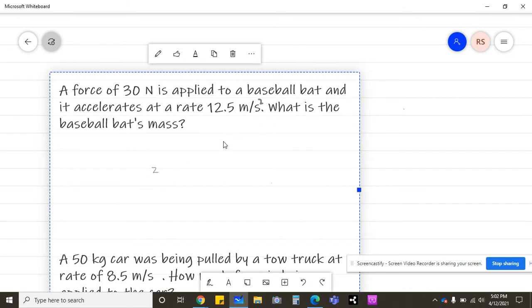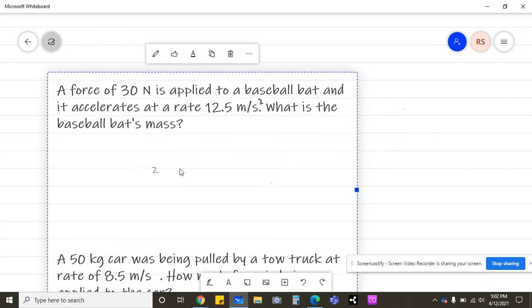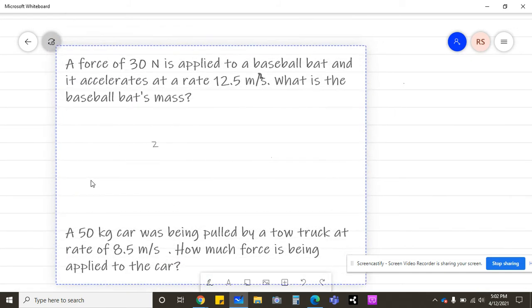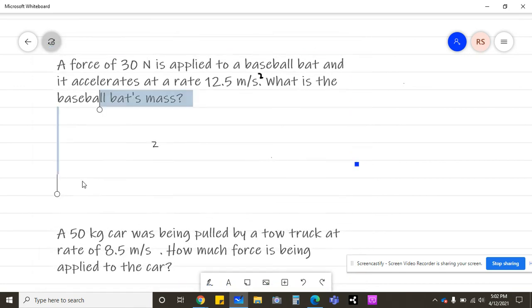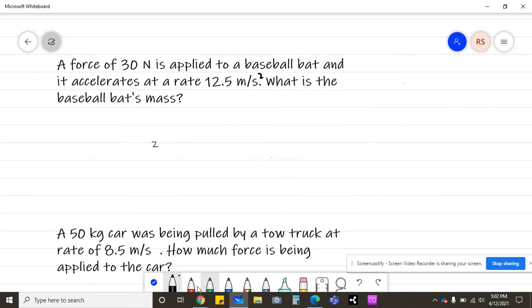So a force of 30 newtons is applied to a baseball bat and it accelerates at a rate of 12.5 meters per second squared. What is the bat's mass? So if we look at our formula triangle for this particular problem, we're just going to fill in the blank.